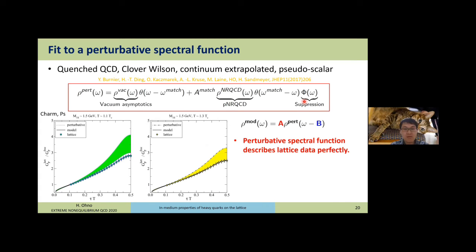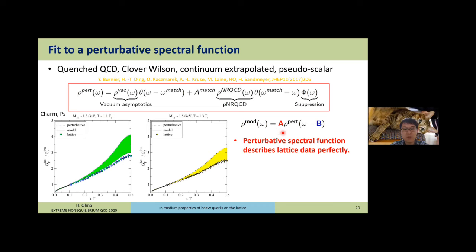And of course, since we cannot determine the precise normalization constant, and we didn't know the threshold value, based on this perturbative function, we further determine our so-called model spectral function like this.